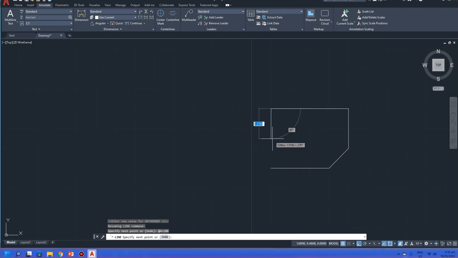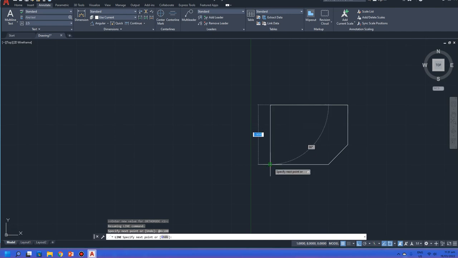Since we are using an angle here, it is predefined, so it will determine the direction based on the given angle. To close this figure, you just have to click the endpoint, or if you want to do it manually, you have to type the value of the distance. Since the distance is 3, the angle is 270.